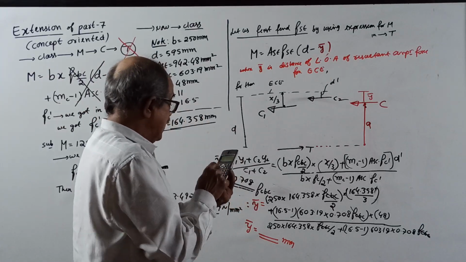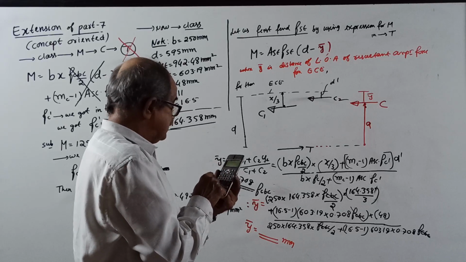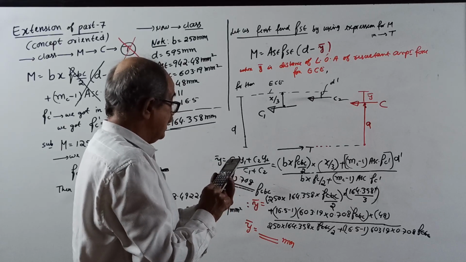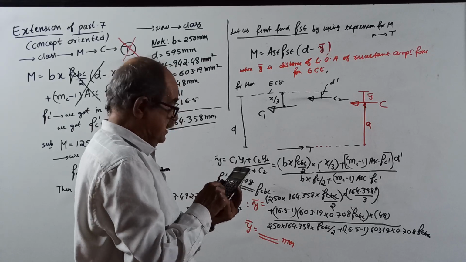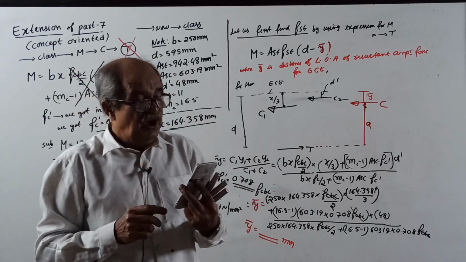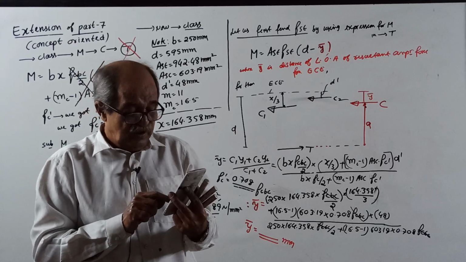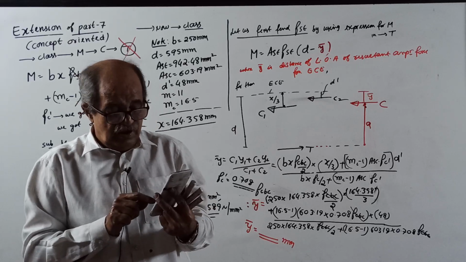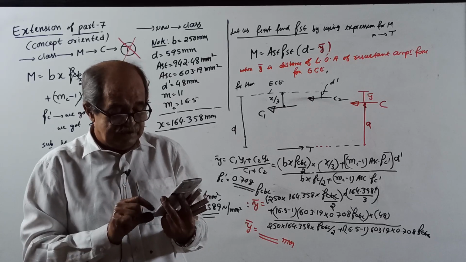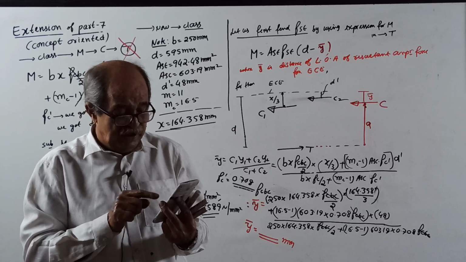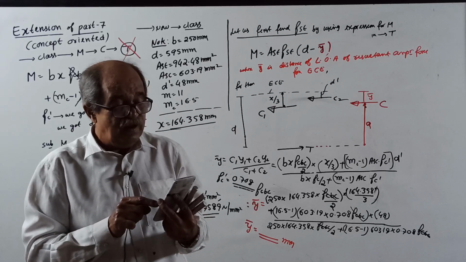Where is the numeric x value? I will store it in memory first, so that I don't struggle. Okay. 250 into x into fcbc by 2 into bracket 1 by 3 of x plus mc minus 1 into 603.19.